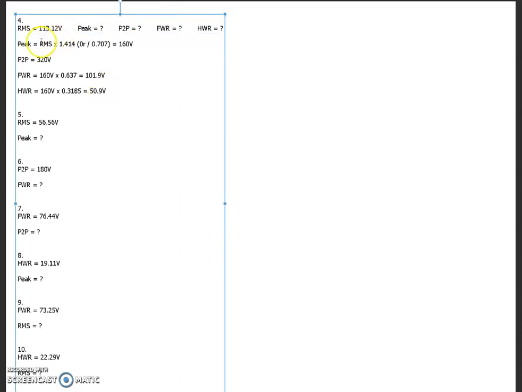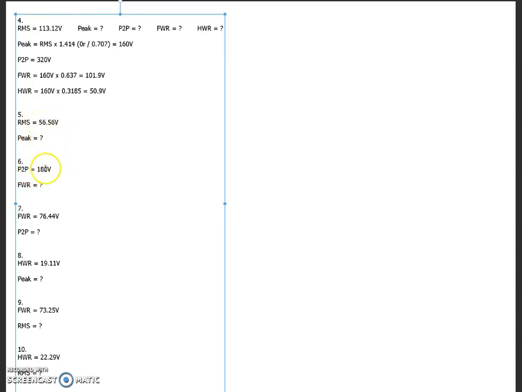Just a little change up here. RMS divided by 0.707 gives us 160 volts for the peak. Peak to peak, twice that. And then once we have our peak voltage, it all just unfolds. Full wave 101.9, half wave 50.9.